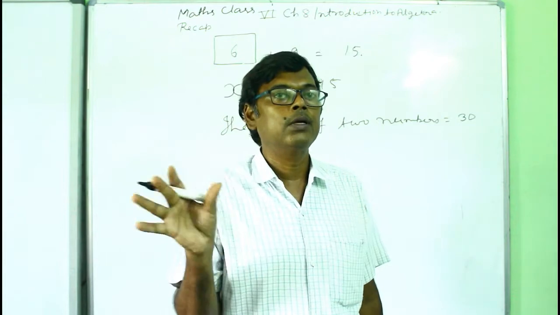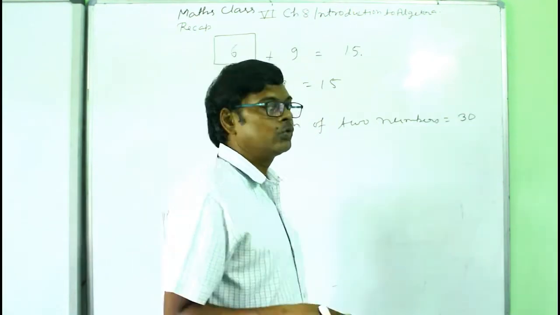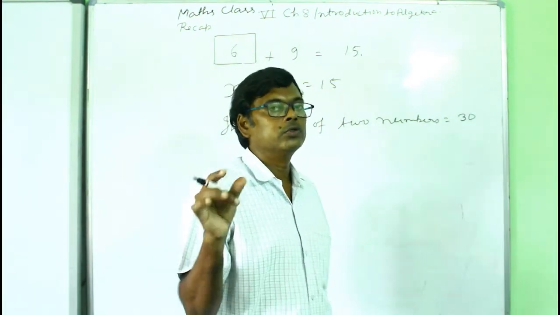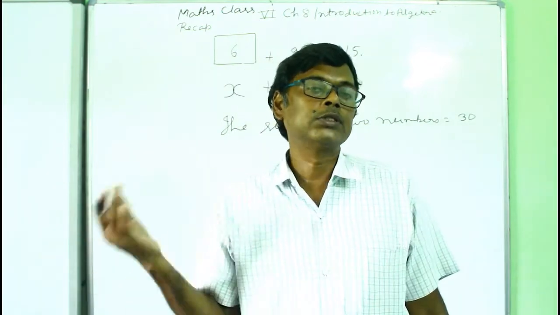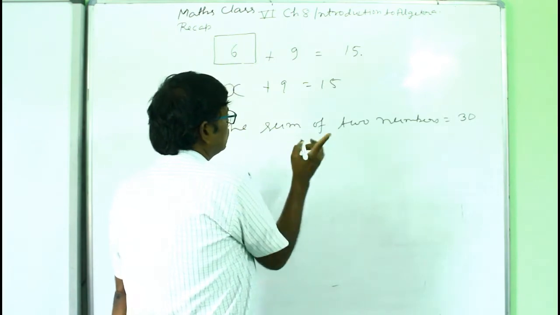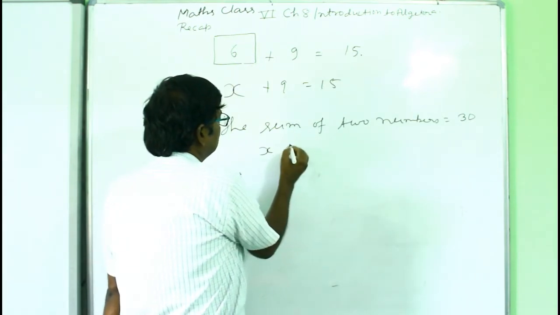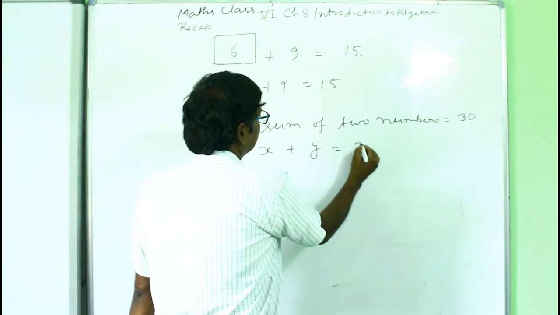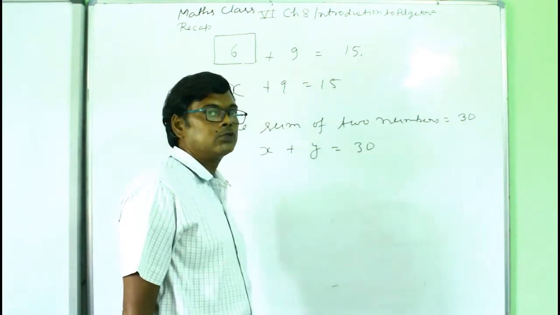We do not know those numbers, so in place of the unknown numbers we assume something. For example, you can write the two numbers as X and Y, equal to 30. Okay, X plus Y equal to 30.